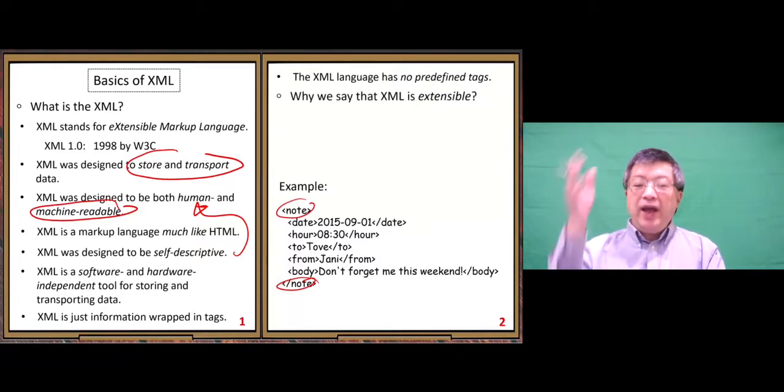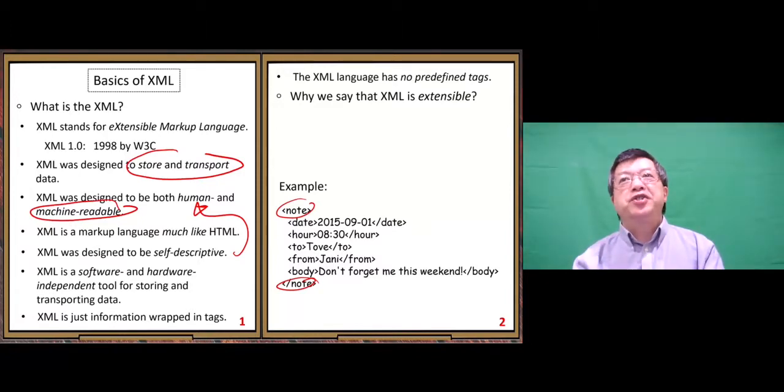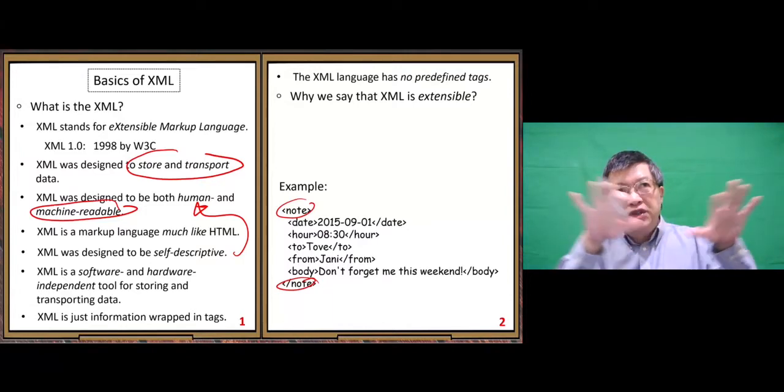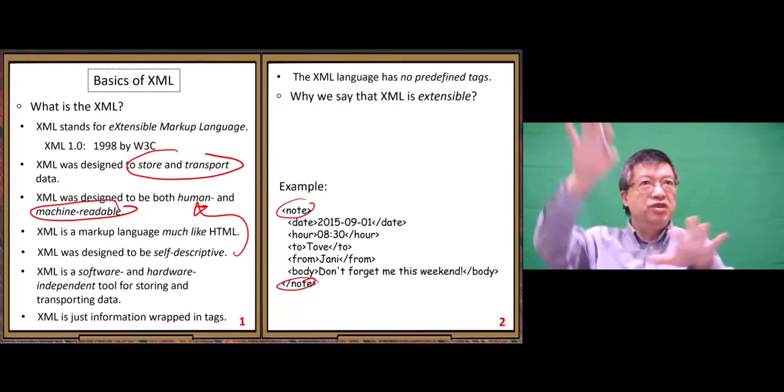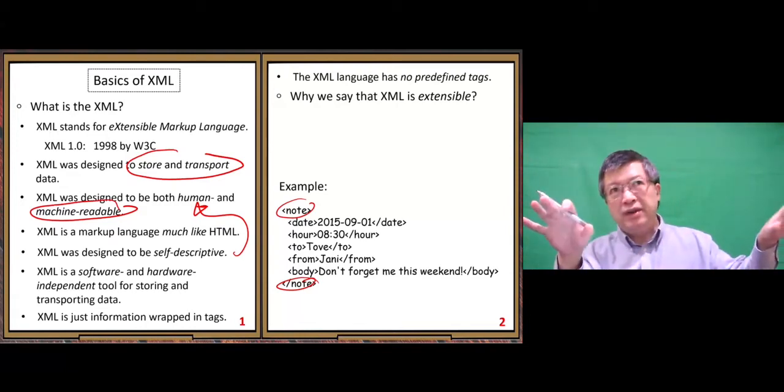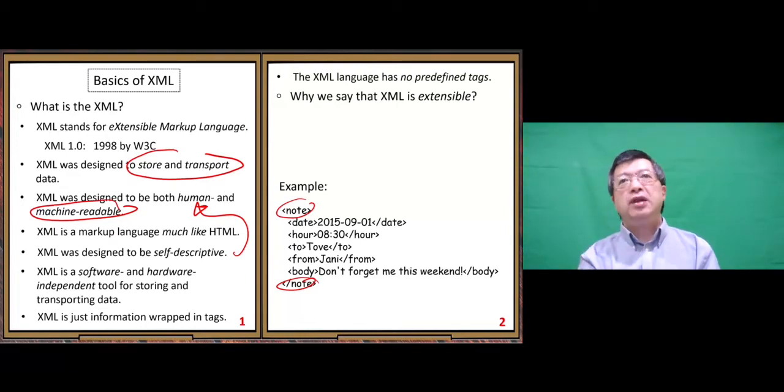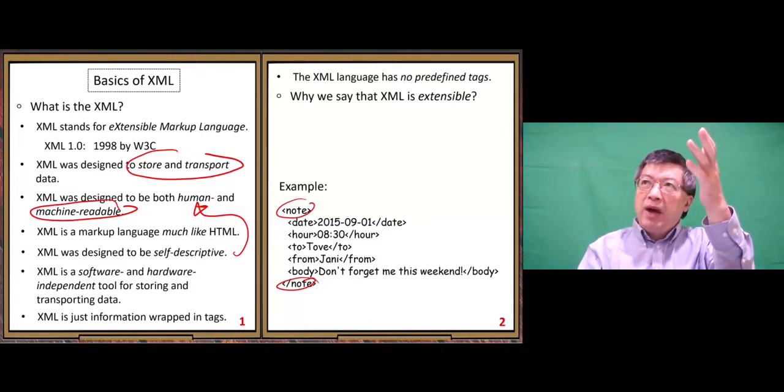Then we try to explain why we call it extensible. The reason is very simple. In software development, you need to consider version changes, which can be significant.